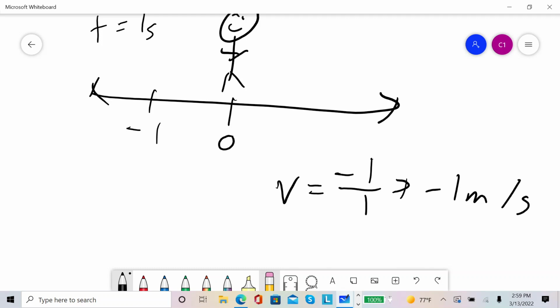However, his speed, which I'll denote as s in this case. Keep in mind that this s is different from this s because this s is seconds, while this s is denoting speed. This s just looks at, oh, he traveled 1 meter over time, which is 1 meter per second.